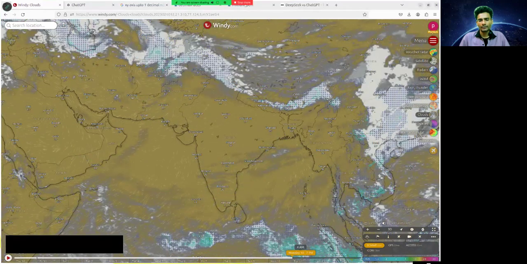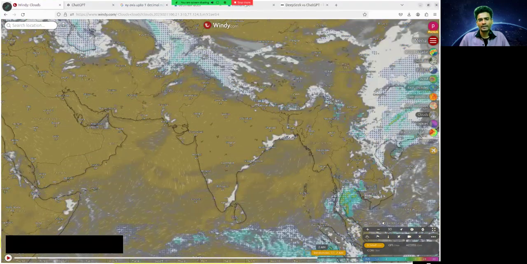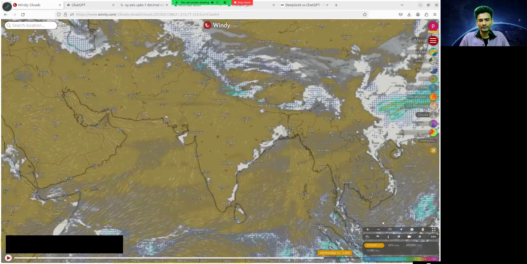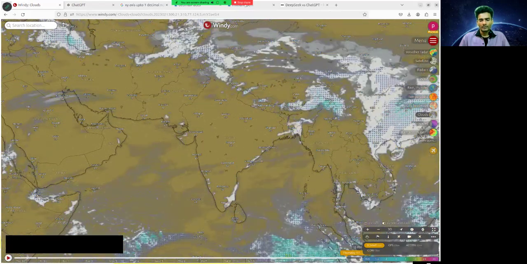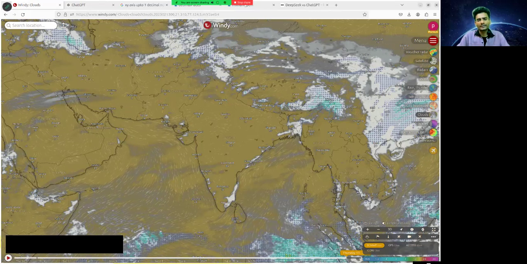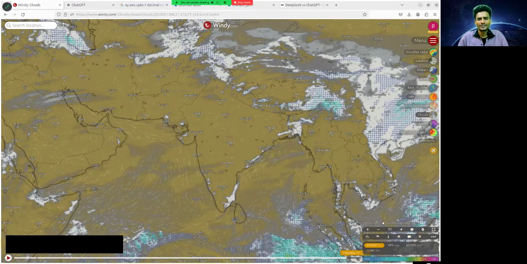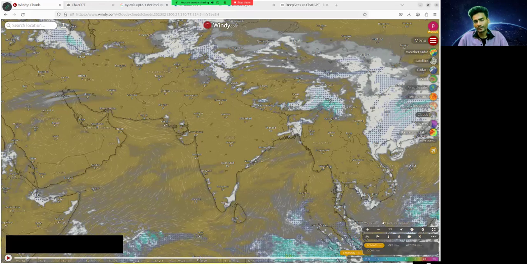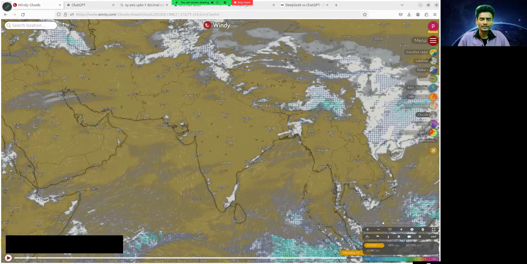Around 10th and 11th, one more western disturbance will come. Again, it will impact the northern regions of India alone. So we can expect the next 2 weeks to be a little silent, apart from the 3rd to 5th of February event.